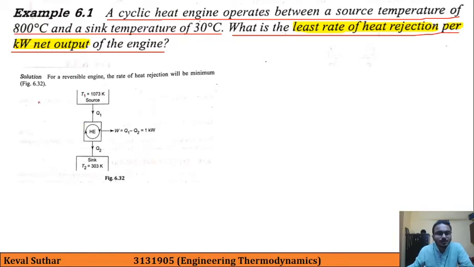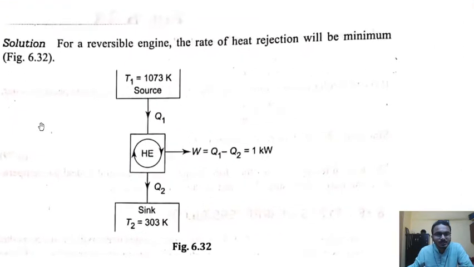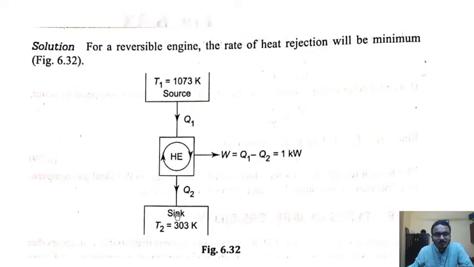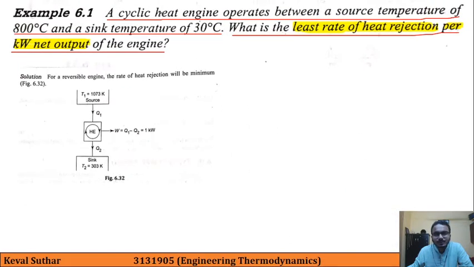So first we need to focus on this reversible engine. Here the source and sink are provided, and if you see carefully, the temperatures are 800 degrees Celsius and 30 degrees Celsius, and here they are converted into Kelvin.